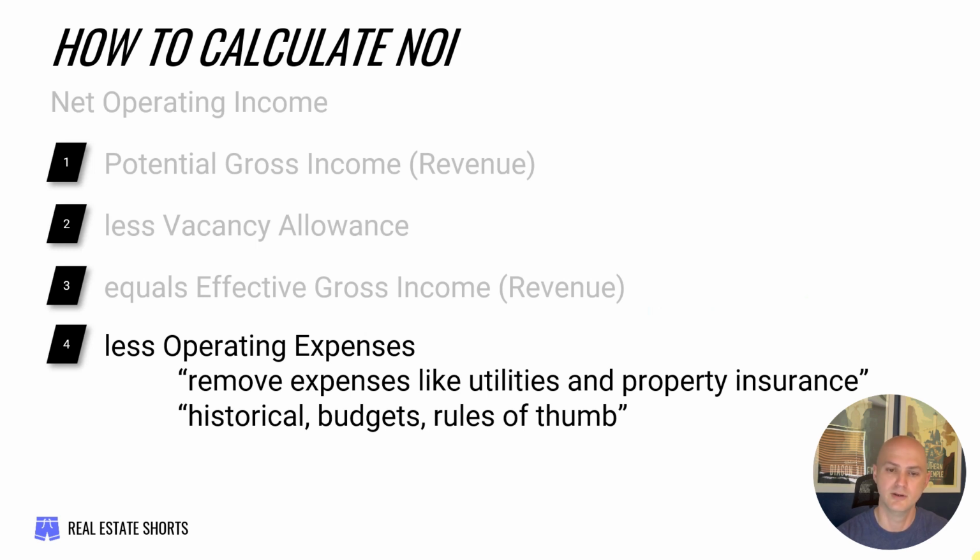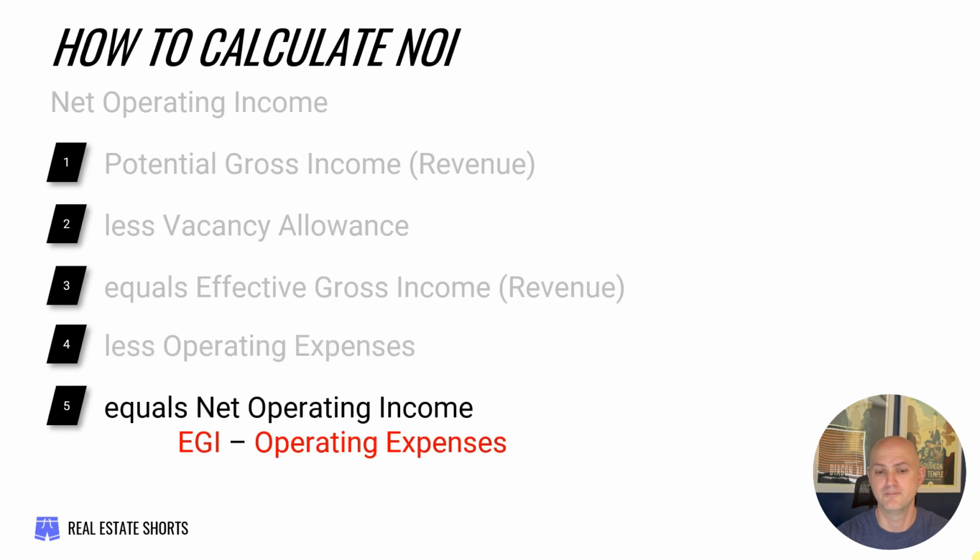But right now, I think the focus is really just this understanding that you have to make a deduction against EGI. You have to make a deduction for all the expenses that you'll incur for being the owner of the property. It's your property, so it's your responsibility. And so the difference between EGI, effective gross income, and operating expenses is net operating income.